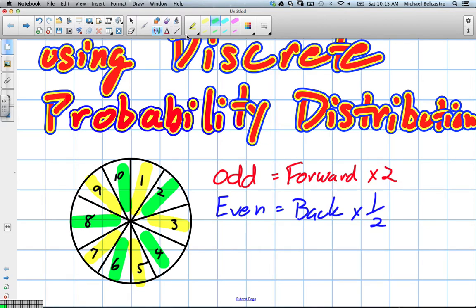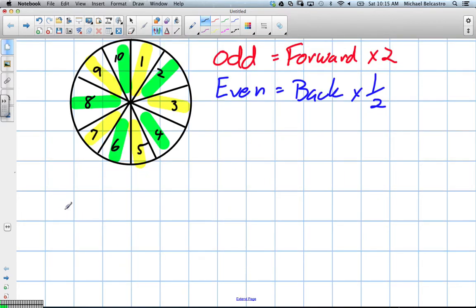And we want to know what the expected value is of one single roll. So they usually refer to it as E of x.